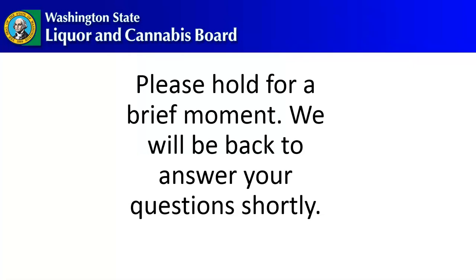You will also need to submit a lease agreement with your alteration request showing that you have leasehold rights to the outside service area. And you can find the application for the alteration request form on our website at lcb.wa.gov.